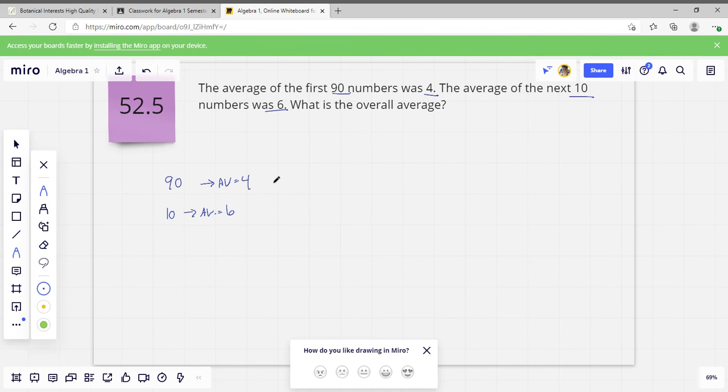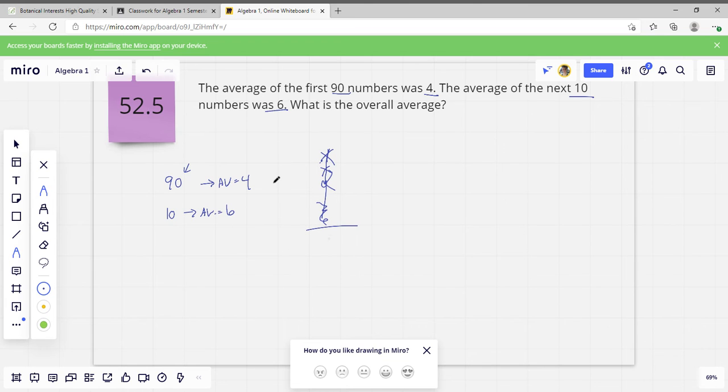So to find this average, they added all the 90 numbers together, right? And then they divided by 90 and they came up with 4. So we've had all of these numbers, 1 through 90, added together, right? And then we divided by 90 and we got 4. Okay, so we had a big line of numbers. Maybe I got a better way to demonstrate it. So we got a big line of numbers, blah, blah, blah. These are all numbers.